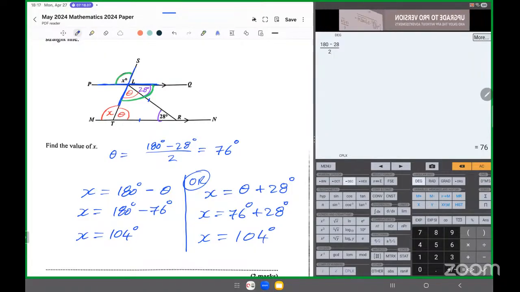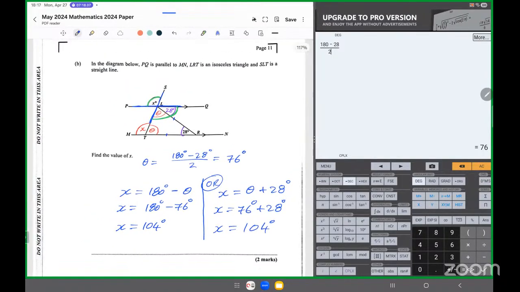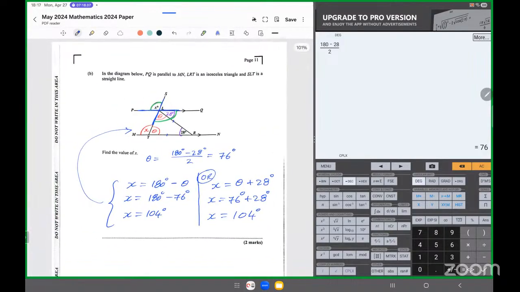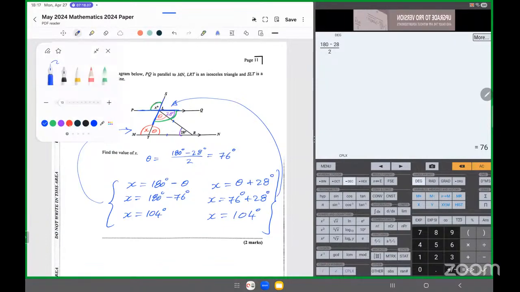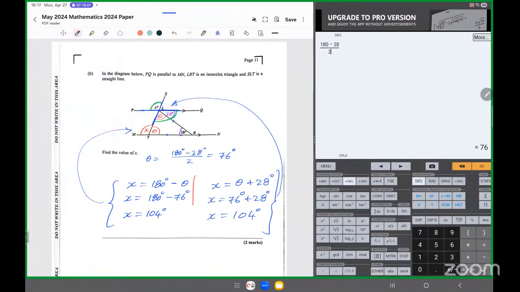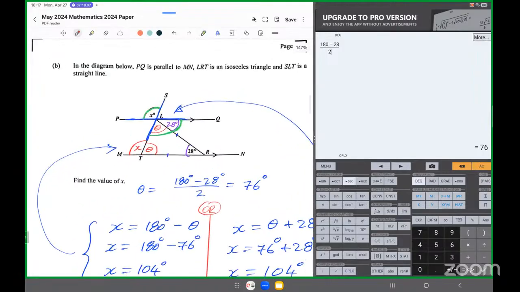So this calculation is what we did right here, while this calculation is what we did up here. That is it. So two different methods. And if I look closely, I might find even other ways to do it. Two ways. Very good? All right, that is it.